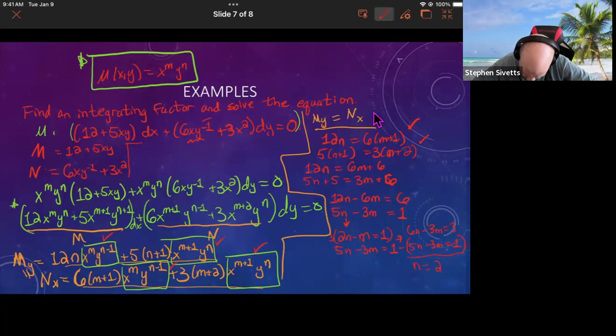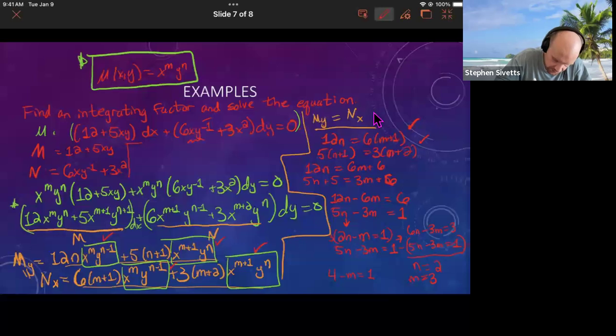And what that means is if n equals 2, then m is 3. So your integrating factor is x cubed y squared. That would make that equation exact.